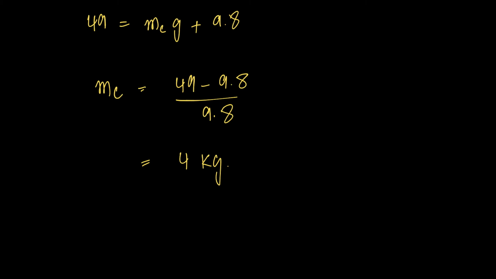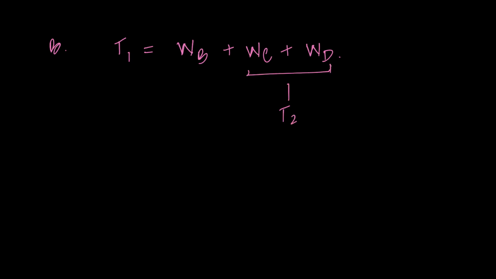Right? And let's proceed. We can actually do B and A possibly together. So the tension T1 is equal to the weight of B plus the weight of C plus the weight of D. Weight of C and D combined is actually just equal to T2.